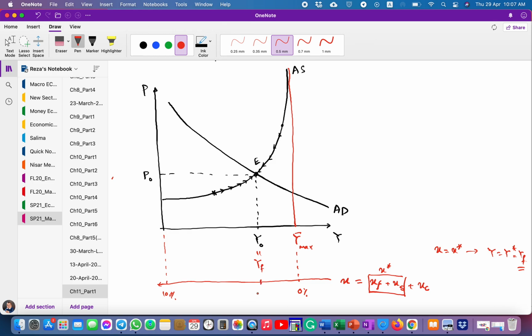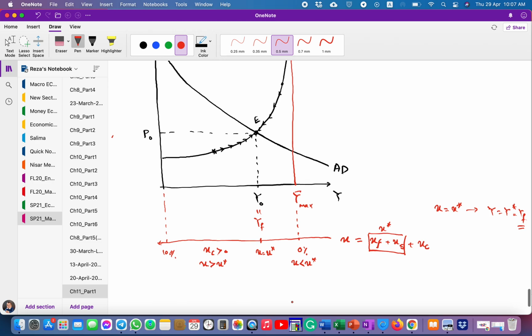Okay, so this is U equal to U star. Whereas here, U is smaller than U star if it is on this side. And over here, U is bigger than U star, so it means that cyclical unemployment is positive.